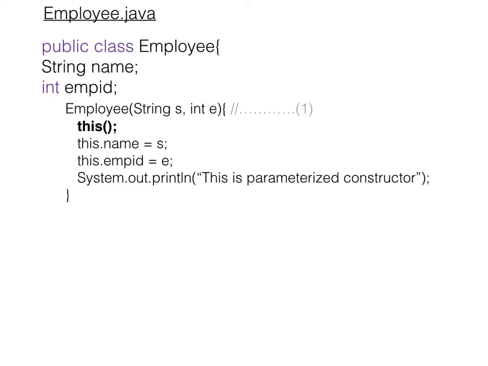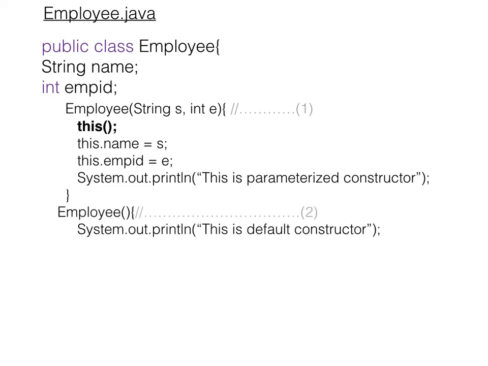Here you can see the constructor is calling this. So what is this? Using this, the control is transferred to the no argument default constructor here. It can be transferred to any other parameterized constructor also, depending upon what we are passing in the parenthesis. So here we are not passing anything, so it's going to the default constructor.